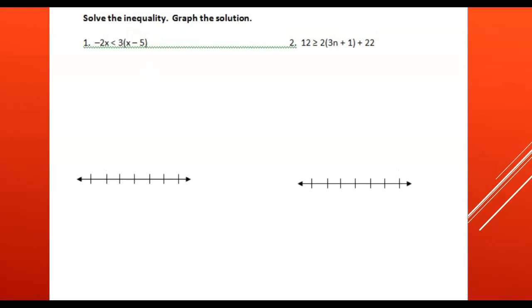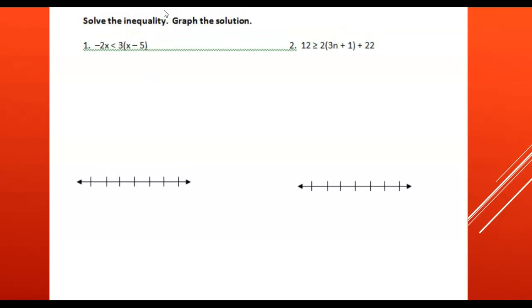So our directions are going to look similar to this. Solve the inequality, then graph the solution. So this is why that last slide was important, because we're going to graph our solutions. So the first thing we need to do is solve for x. So you have negative 2x less than 3x minus 15.